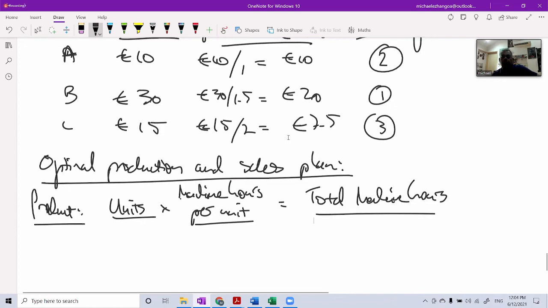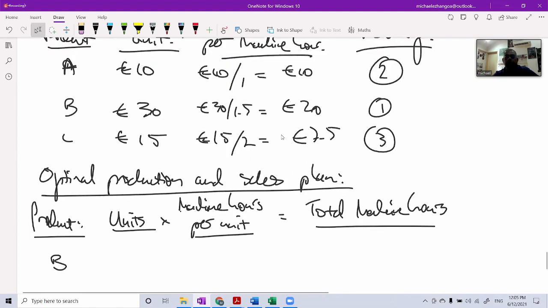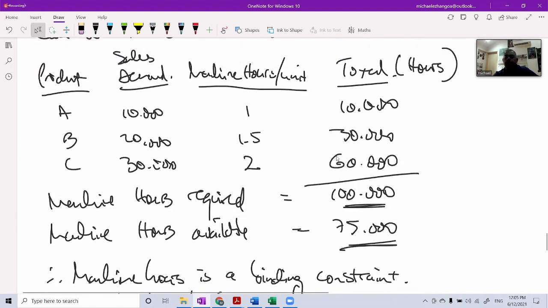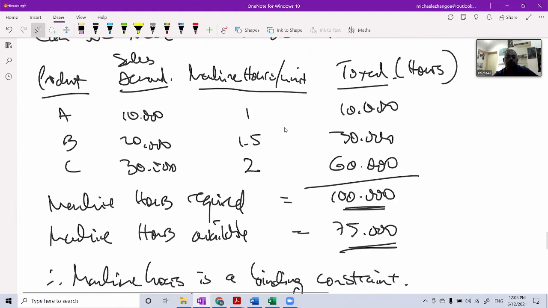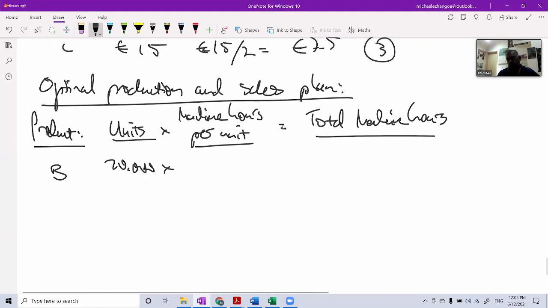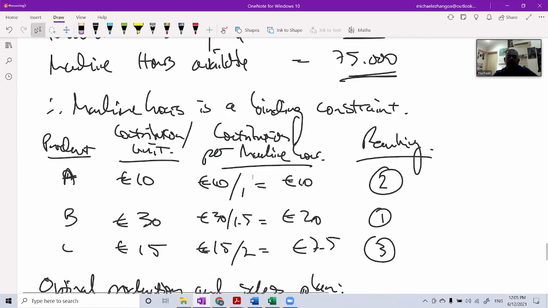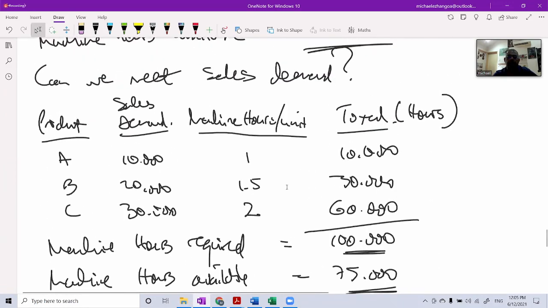Now, following the ranking, I'll start with B. B, demand is 20,000 units. So, if I take 20,000 times 1.5, I need 30,000. I brought in the additional information over here, 1.5.